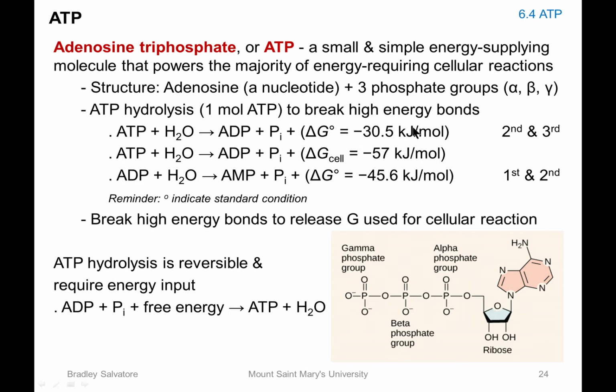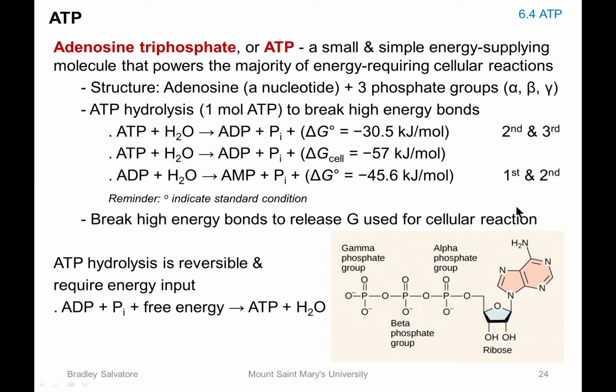So joules is the unit that we use to depict heat or Gibbs free energy being produced in certain chemical reactions. You can further break down ADP into AMP, or adenosine monophosphate, and another inorganic phosphate, and that will release another 45.6 kilojoules per mole of ATP.